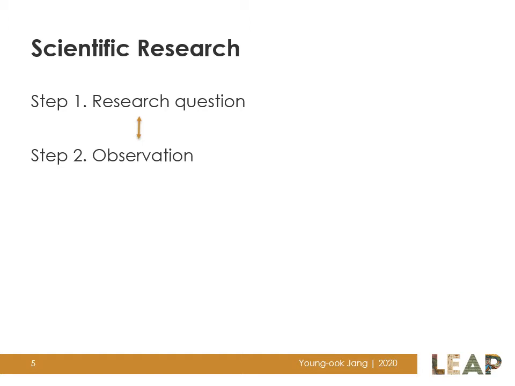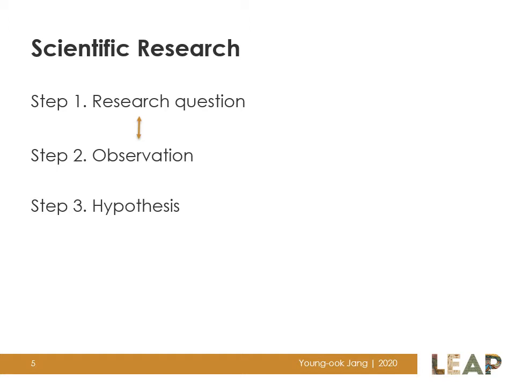And the third step: if you have the right research question and you did some observation, then you can make a hypothesis. If you observe that eating chili was good for the prevention of cancer, then you can hypothesize that. So "eating chili is good for the prevention of cancer" is one hypothesis that you would want to prove in your scientific research, right?